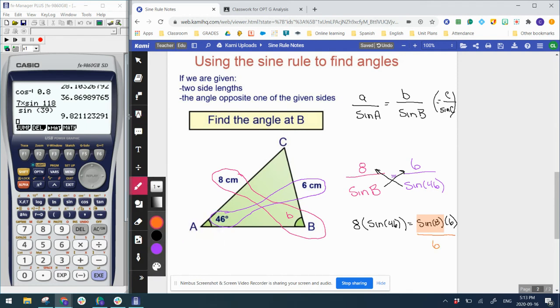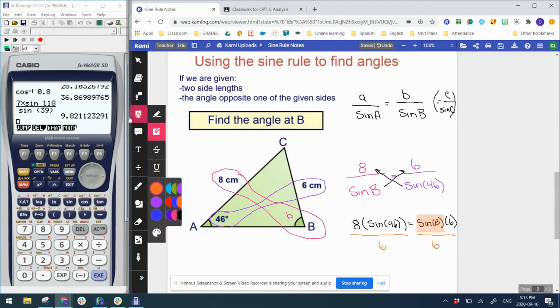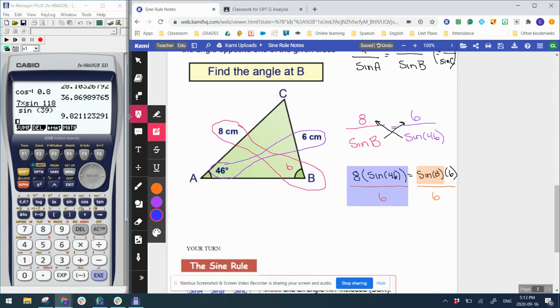I need to enter this part over here on the left-hand side into my calculator to figure out what sine B equals.